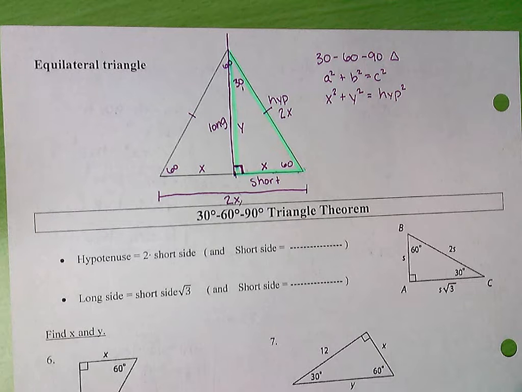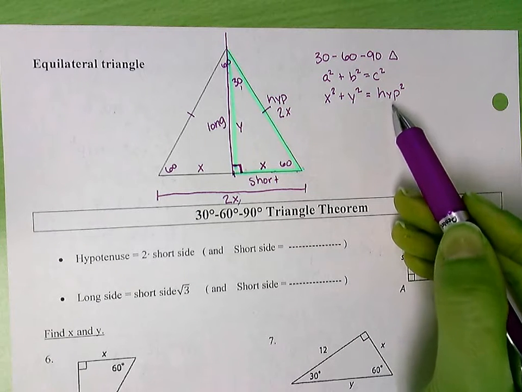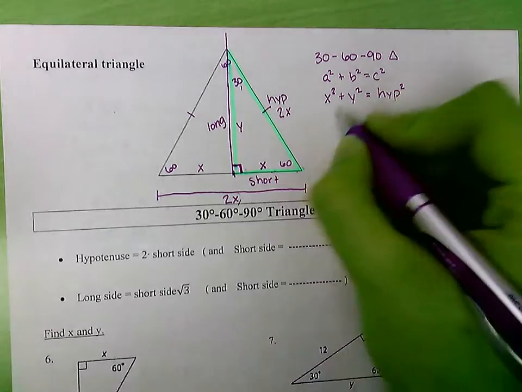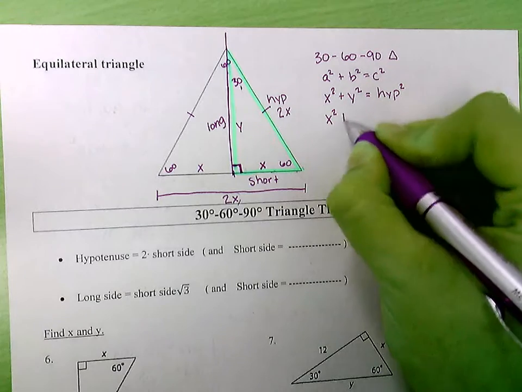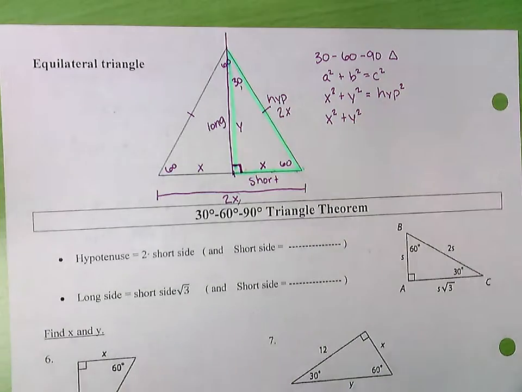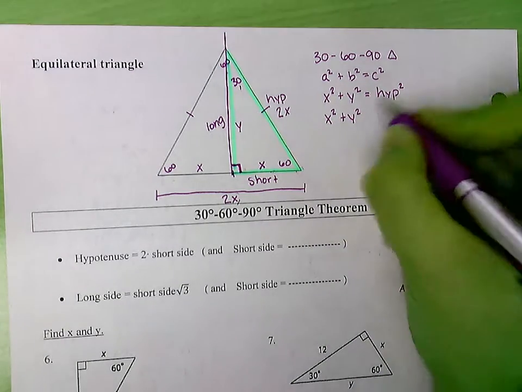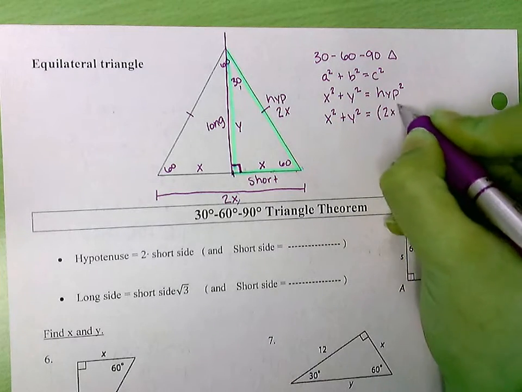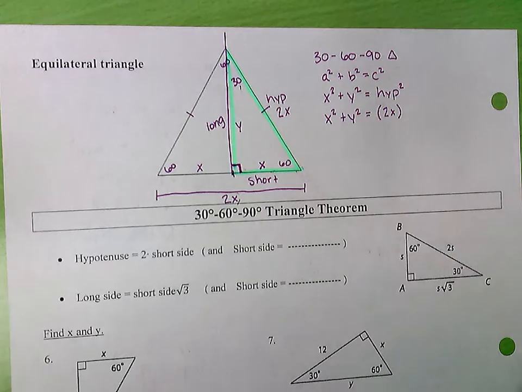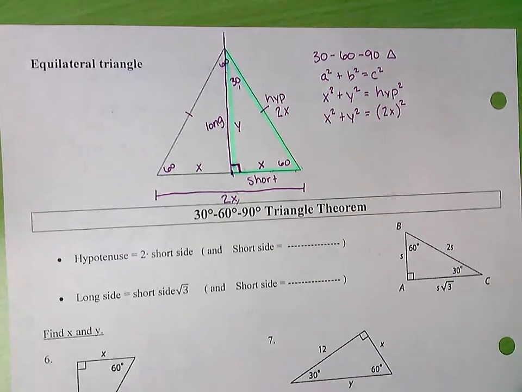So now instead of saying hypotenuse squared, I can say (2x) squared. So I'll still have x squared plus y squared equals, and now I'm going to replace hypotenuse with 2x and square it.